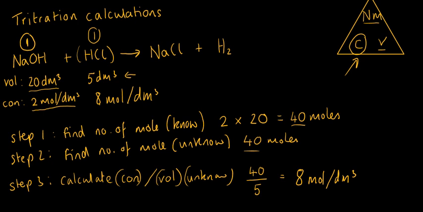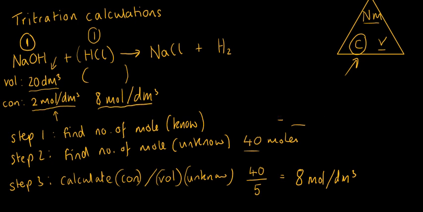Now let's imagine the question was different, and wanted me to work out the volume of hydrochloric acid needed to neutralize 20 dm cubed of sodium hydroxide with a concentration of 2 moles per dm cubed. I'm going to do exactly the same steps.